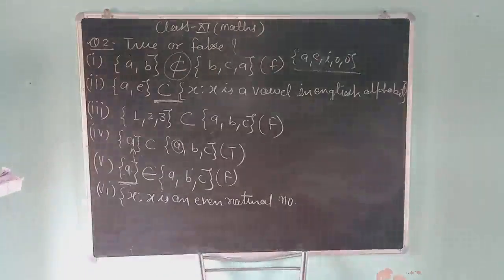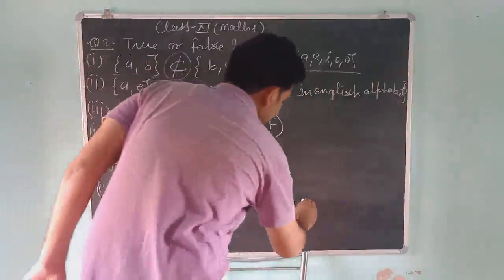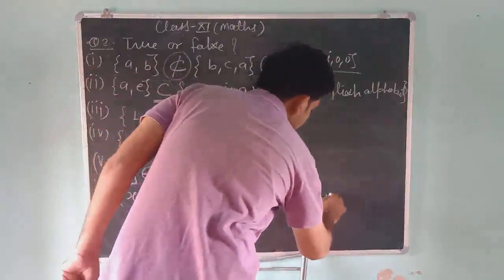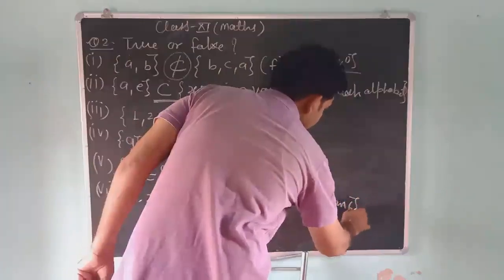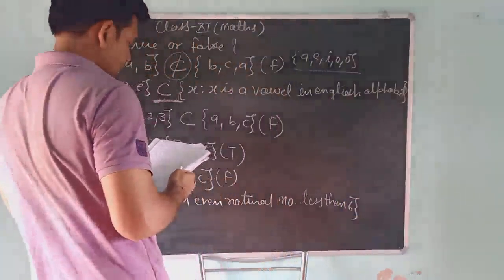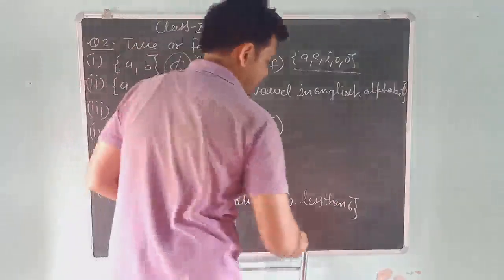X is an even natural number less than 6. And the symbol given is subset.